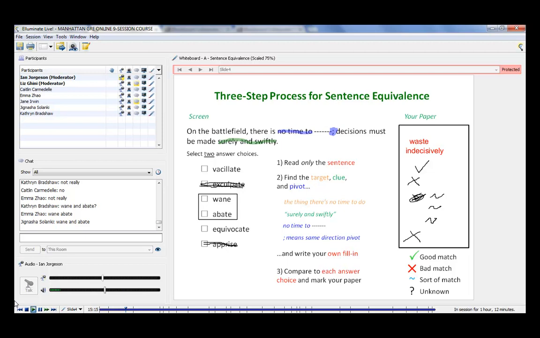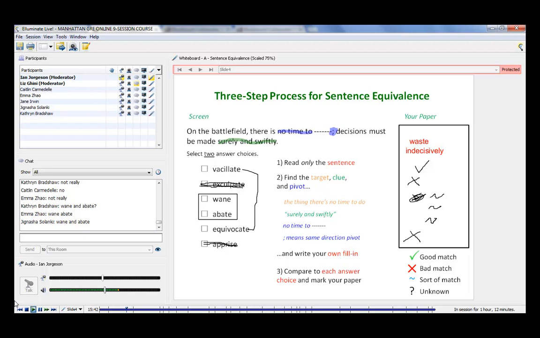In fact, we're going to have to go back and look at our sentence again to be sure. But the fact that they form a pair of synonyms means it is possible for them to be the correct answer. Whereas exculpate and apprise, it was impossible for either to be correct because they didn't have a paired word.